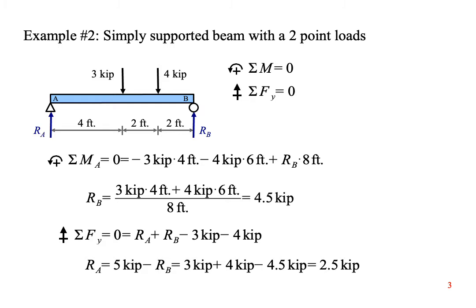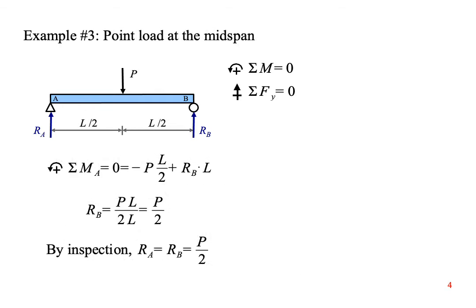What if we have more than one point load? The sum of the moments and the sum of the forces equations each have one more term for the added point load. If a single point load is at the midspan of a simply supported beam, then the reaction forces are the same.